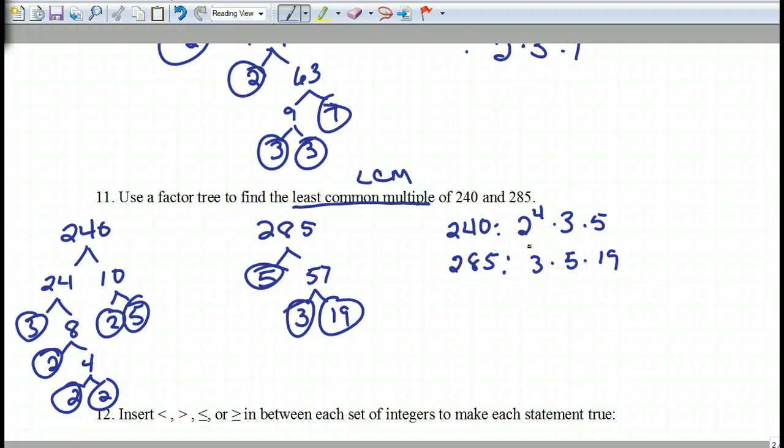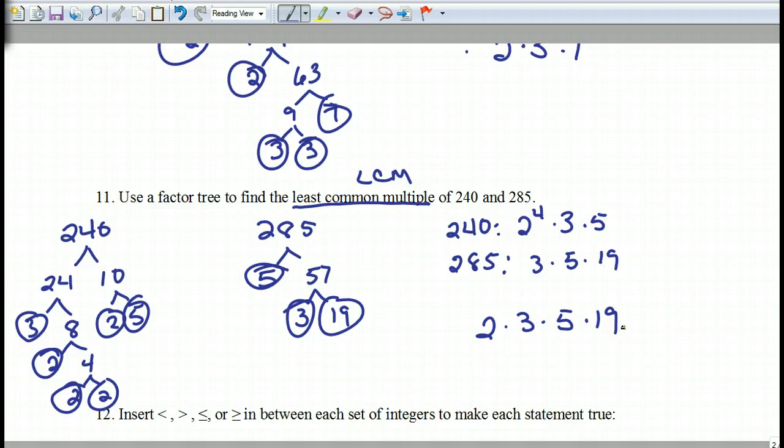Same thing with 284. Now, with least common multiple, you're going to need to represent each prime number that is found in both of these. So I found a 2, I have a 3, I have a 5, and I have a 19. All 4 of those need to be represented.